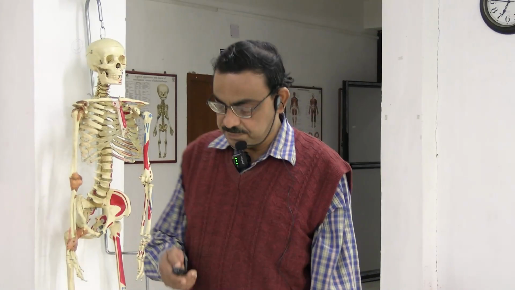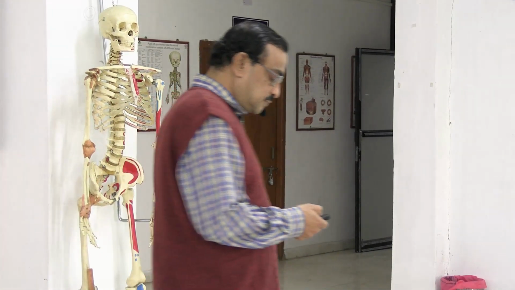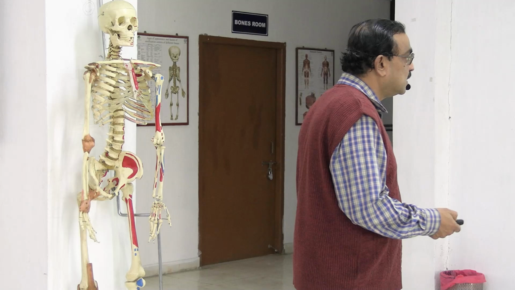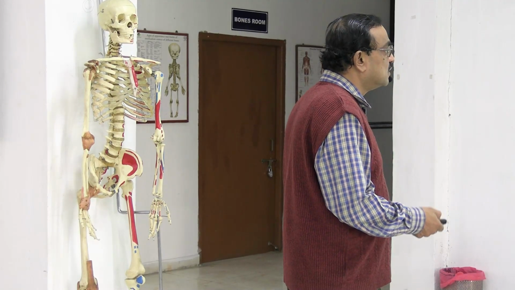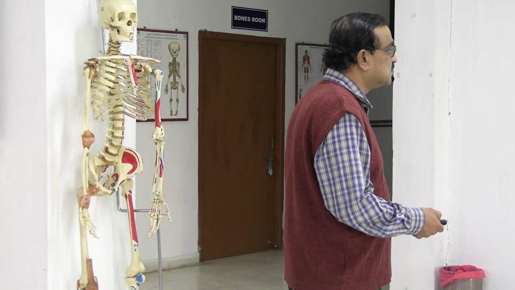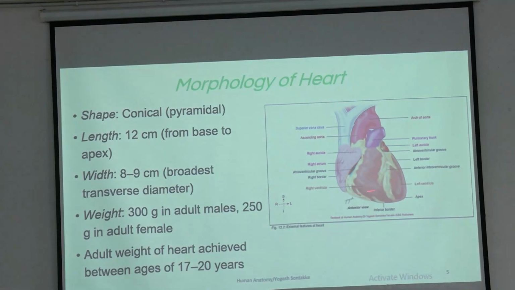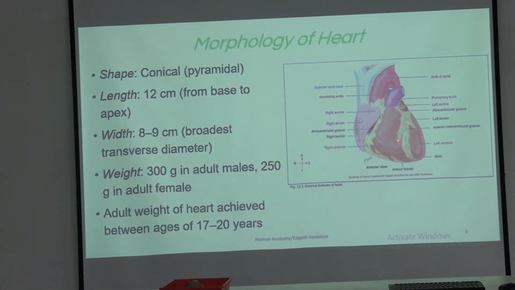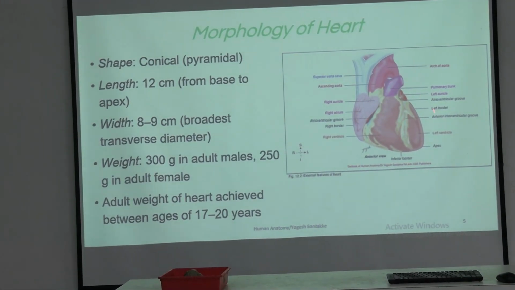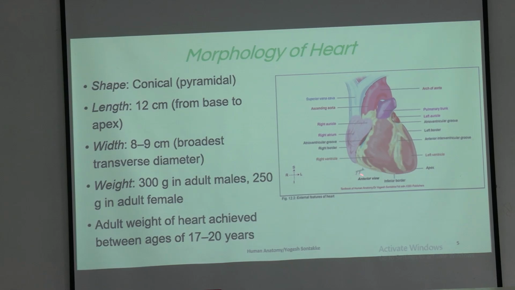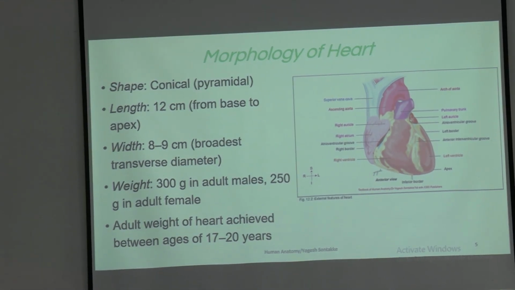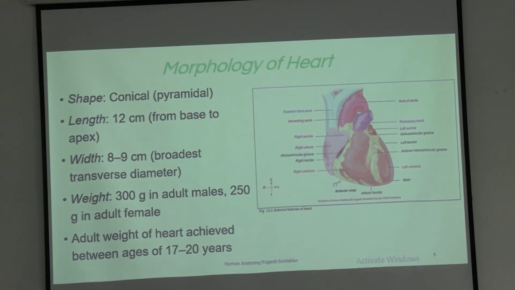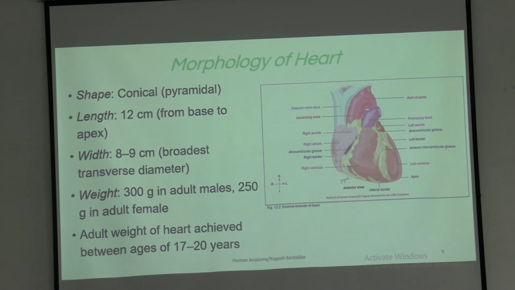Now it has got a conical shape, and this part is called the apex. The part which is not visible here is the back, because this is the image from the front.